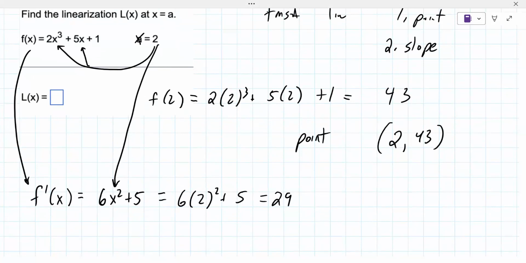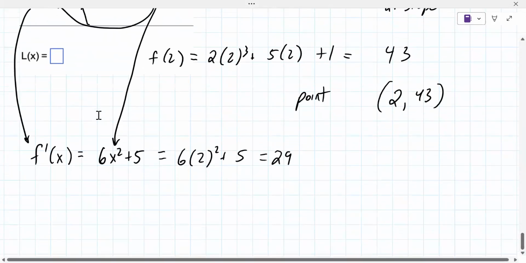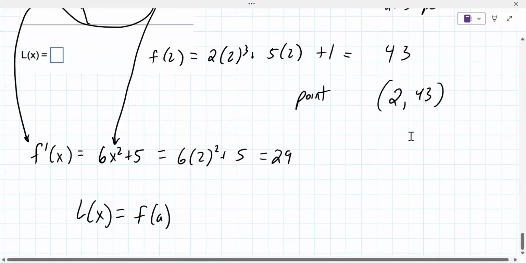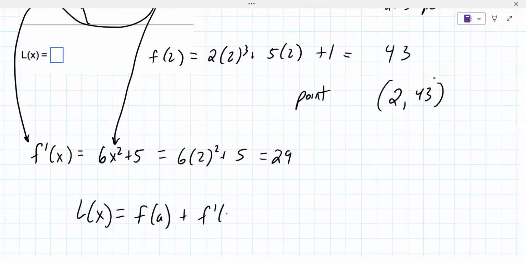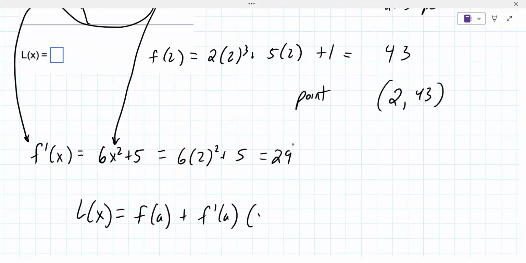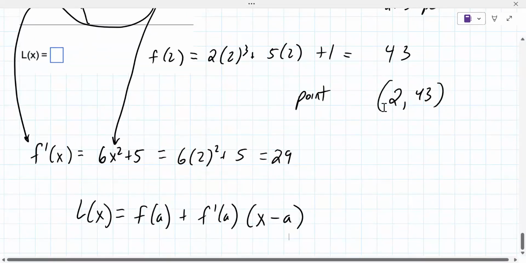So the linearization formula, it's maybe more complicated than you think, but it's f of a, which is the 43, plus f prime of a, that's the 29, times x minus a, is the 2.